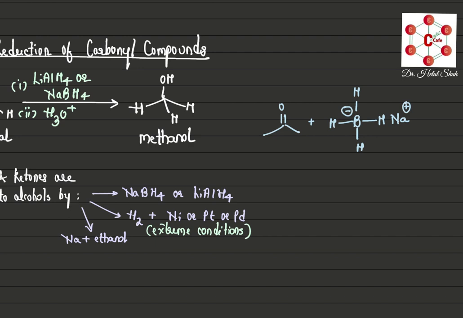This is your borohydride. Here, this is partially positive. And so, hydrogen comes out as H minus. It's a hydride ion.